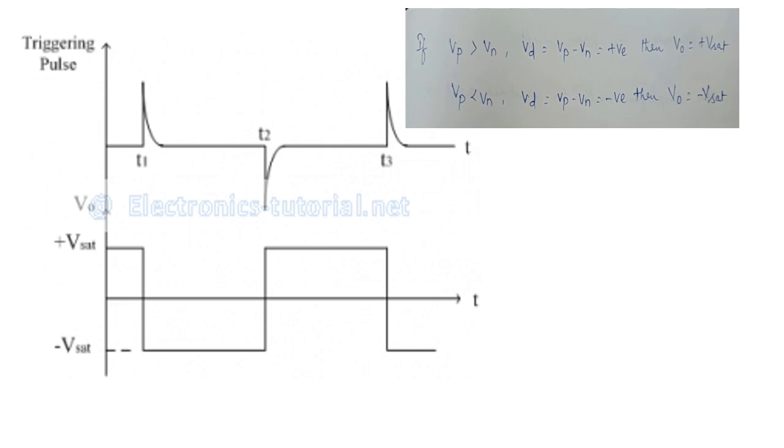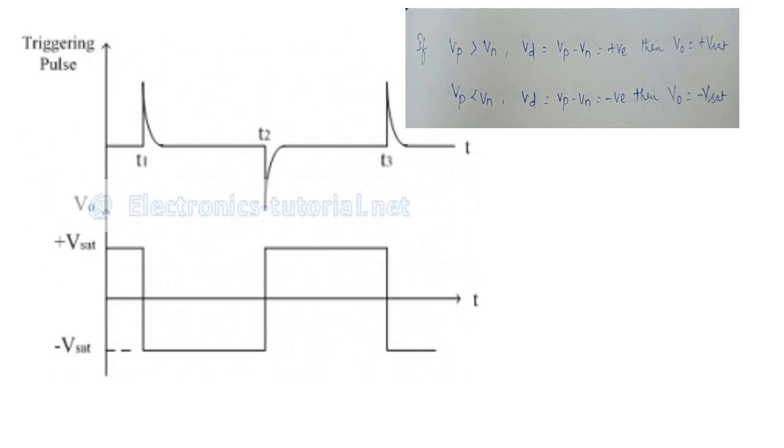From this explanation you could notice one point, that is, the trigger voltage is always greater than the voltage divider value, R2 divided by R1 plus R2 into, instead of V0, we can put Vsat, that is the saturation voltage, in the case of positive Vsat.